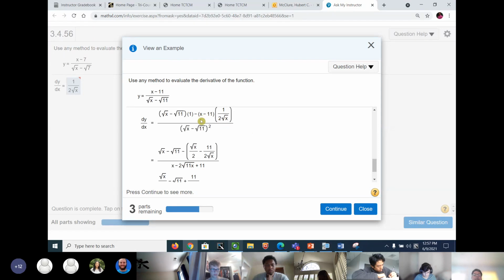See here? They rationalized the denominator right there. And they only did it with this one. They didn't do it with the 11. They did it with this one.